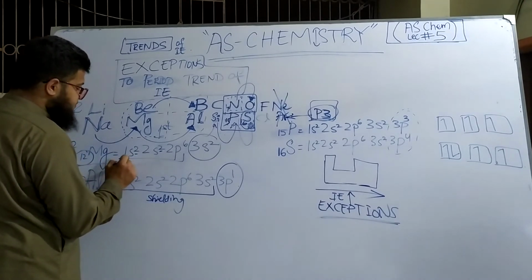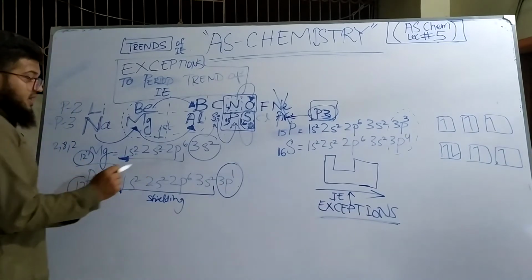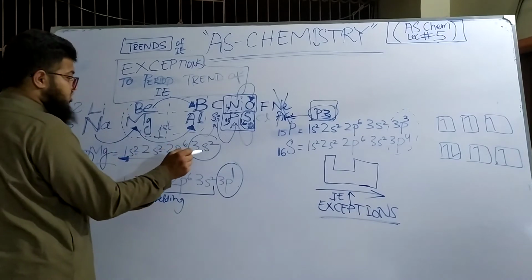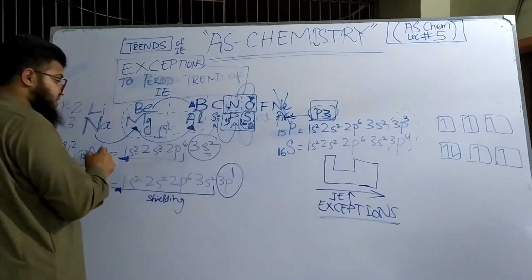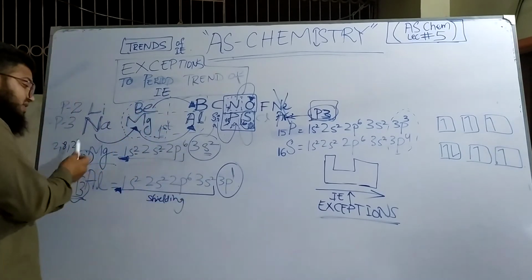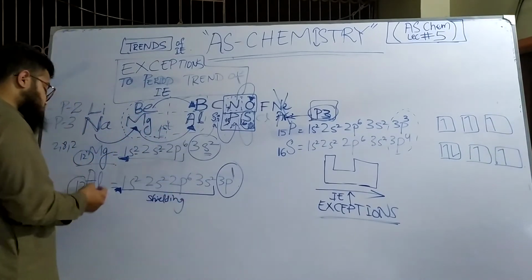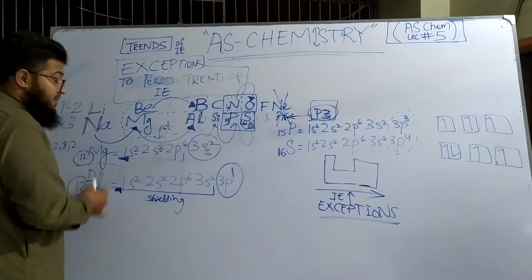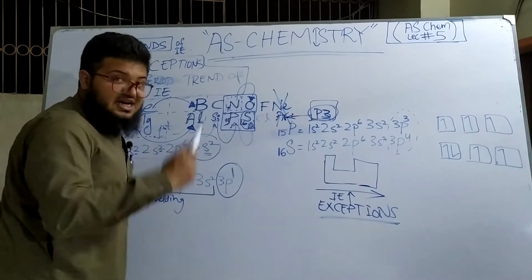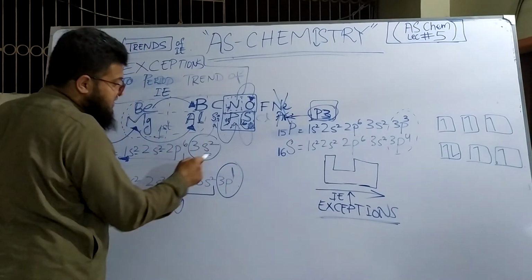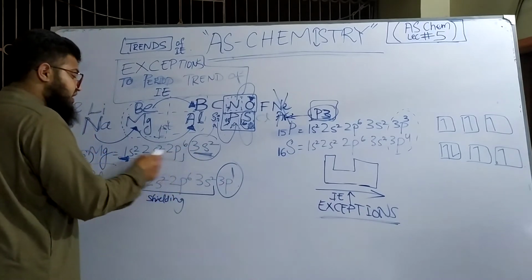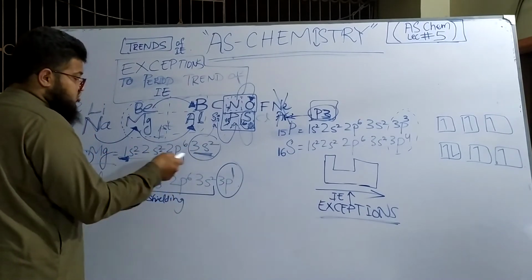So that means aluminum's outermost electron has greater shielding as compared to the outermost electron which is present in the 3s orbital of magnesium, because the electrons providing the shielding in the case of magnesium are fewer as compared to those in aluminum. And remember guys, the shielding is always provided by the inner shell electrons, not the electrons in the same orbital. These two electrons are in the same orbital, right? And the inner shell electrons are these ones.